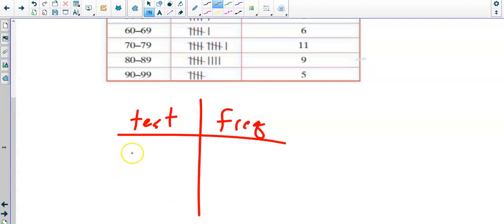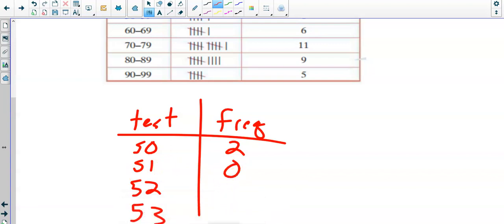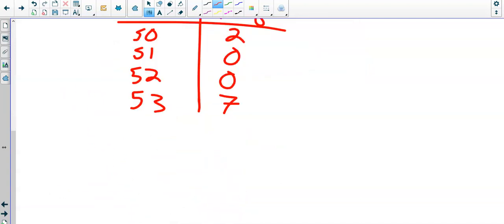And again, we could have a test score of 50, 51, 52, 53. How many 50s were there? Oh, there were 2 that got 50s. How many 51s were there? There were none. How many 52s were there? None. How many 53s were there? 7. And of course the table would go on.